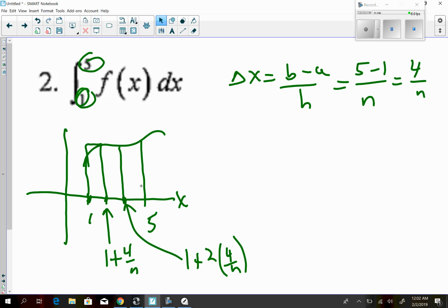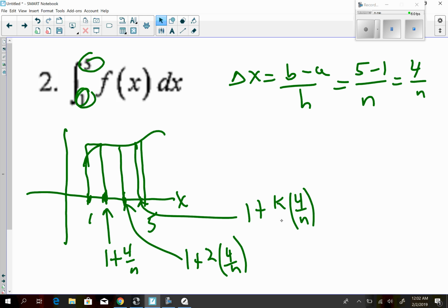In general, the right side of any rectangle will have an x coordinate 1 plus k times 4 over n. Where k means, if k is 1, I'm talking about where the first rectangle ends. If k is 2, I'm talking about where the second rectangle ends. When I put a k there, I mean any of the rectangles.